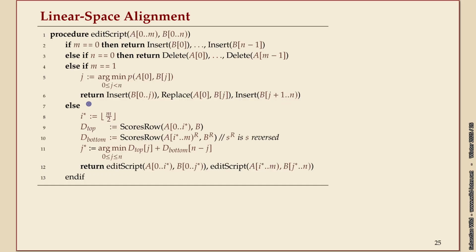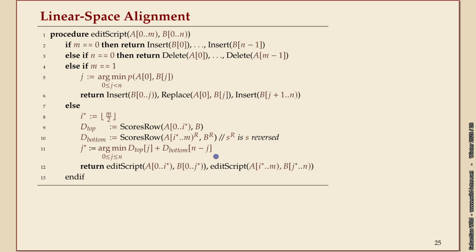The interesting bit is if A has more than 2 letters, then we can do a recursive call, splitting A in the middle. The scores for the top part we compute with just the standard dynamic programming algorithm we've seen so far. For the bottom part, I'm reversing both strings. And then you have to also keep in mind to reverse the indices. So you want to draw the picture and do it.